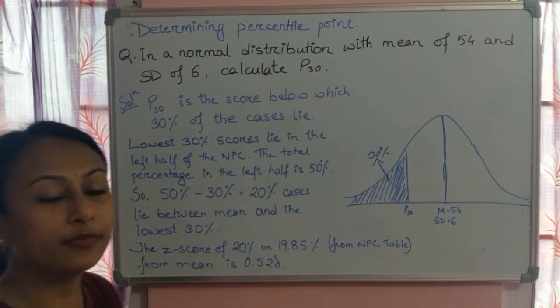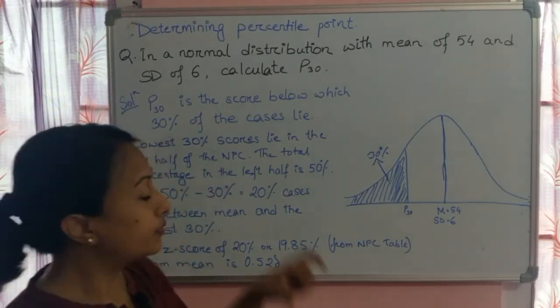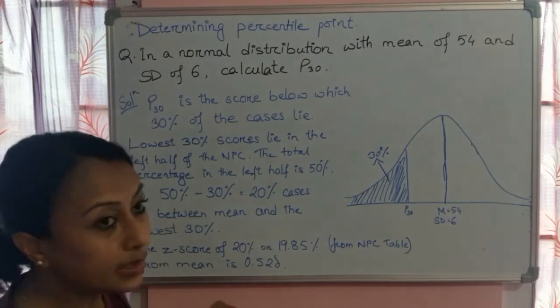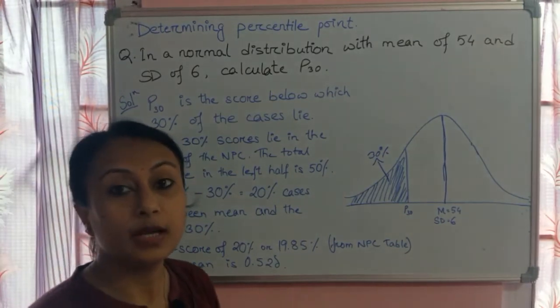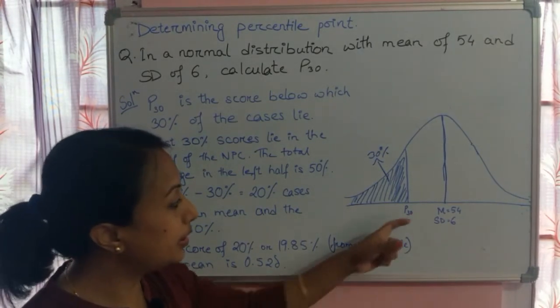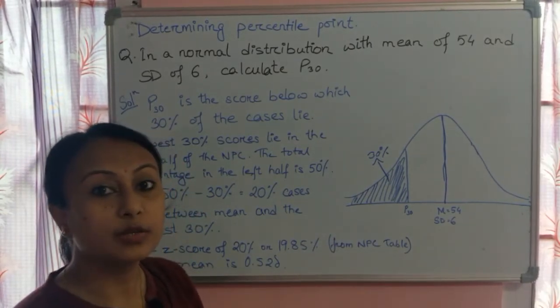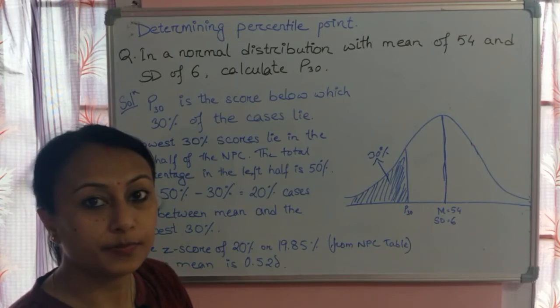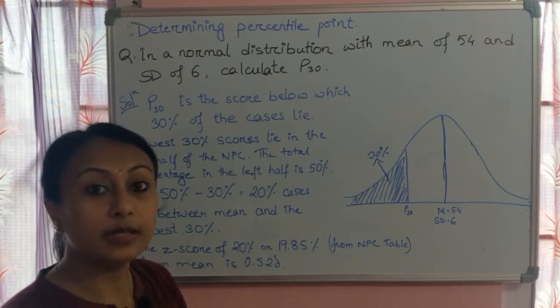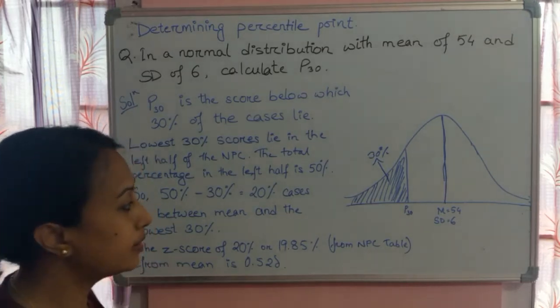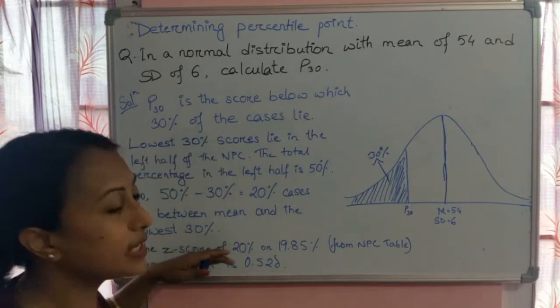If you can remember, we have already done this in the application where we found the limits of scores which include a given lowest percentage. This portion is the same as that.